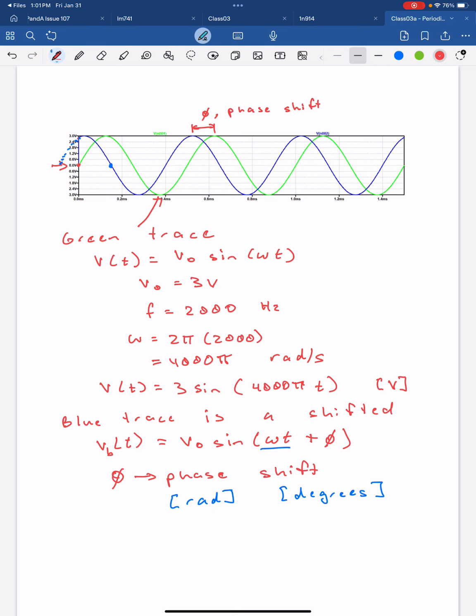So here I wrote omega t plus phi, but phi can be positive or negative. If phi is negative, the signal shifts to the right, later in time.